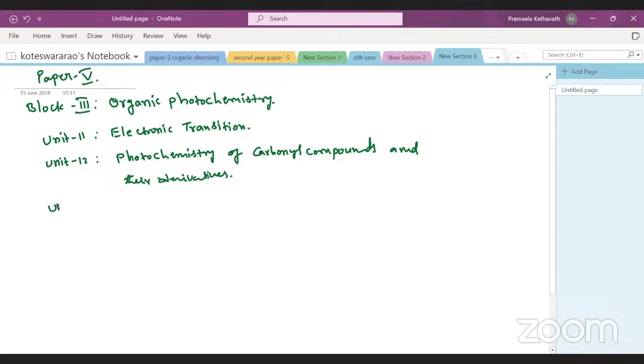Okay, unit 13 is photochemistry of some olefins.